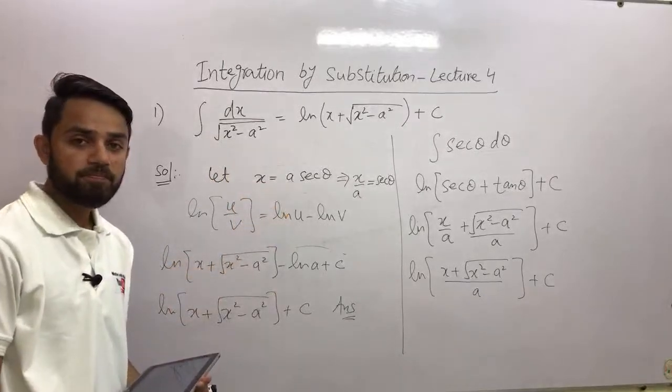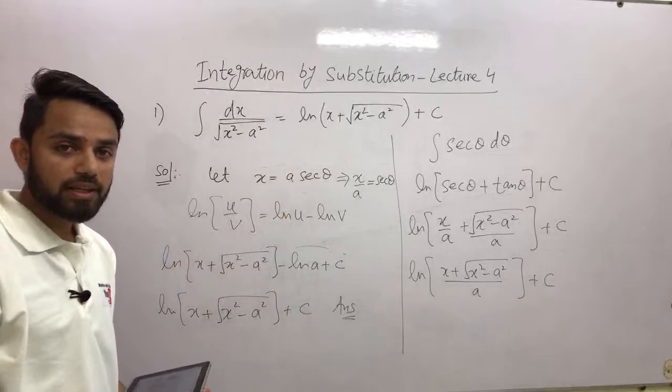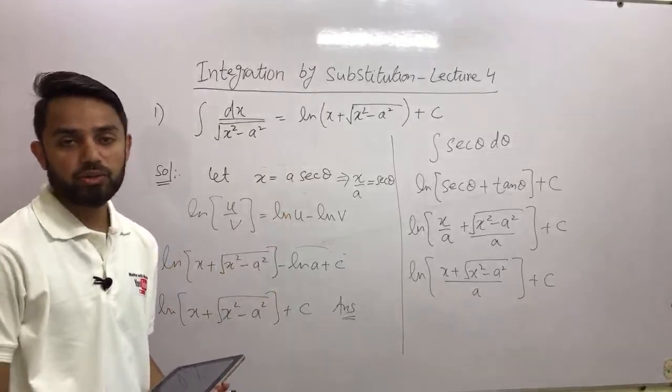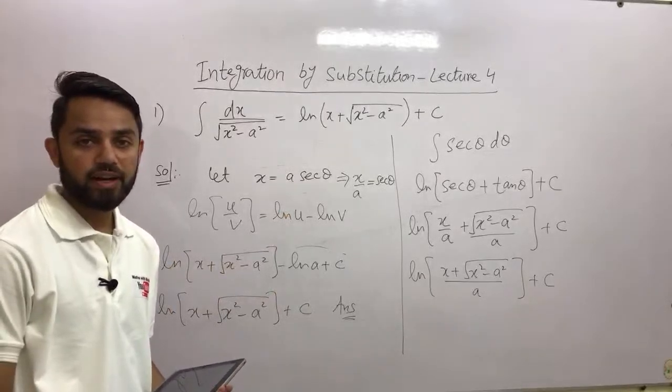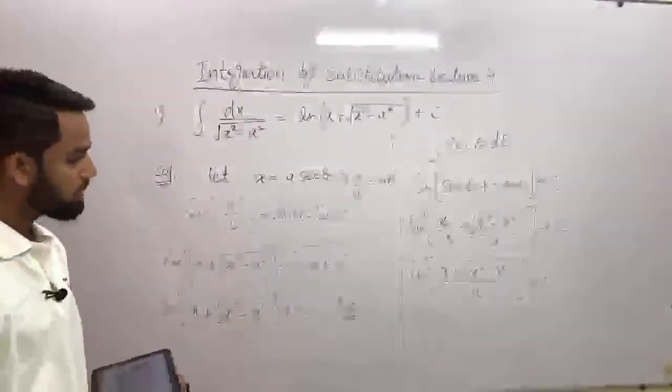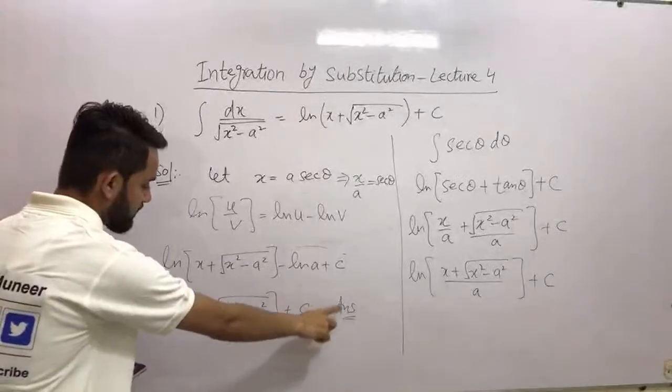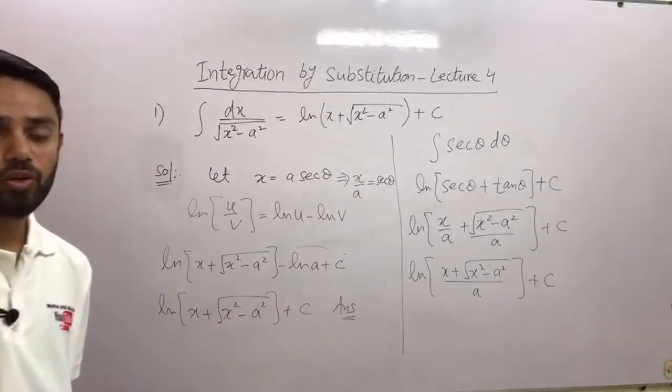This is a basic principle that whatever substitution you take, you have to take its derivative and plug the value back, and by manipulation we came to the conclusion that this is exactly what we are looking for.